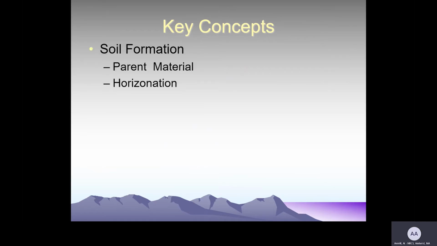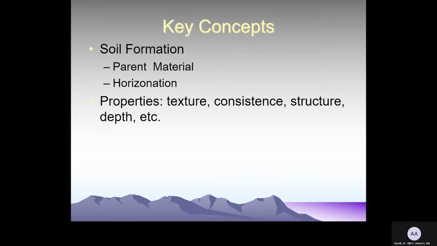So you need to look at the section on soil formation. There's quite a bit of information about parent material, which is very important. We'll talk about that at great length. And horizonation, the layers that form within the soil. Soil properties, such as the amount of rock fragments, texture, consistence, structure, and depth, etc. By depth, we mean depth to an impermeable layer, or depth to a high water table, or depth to bedrock.